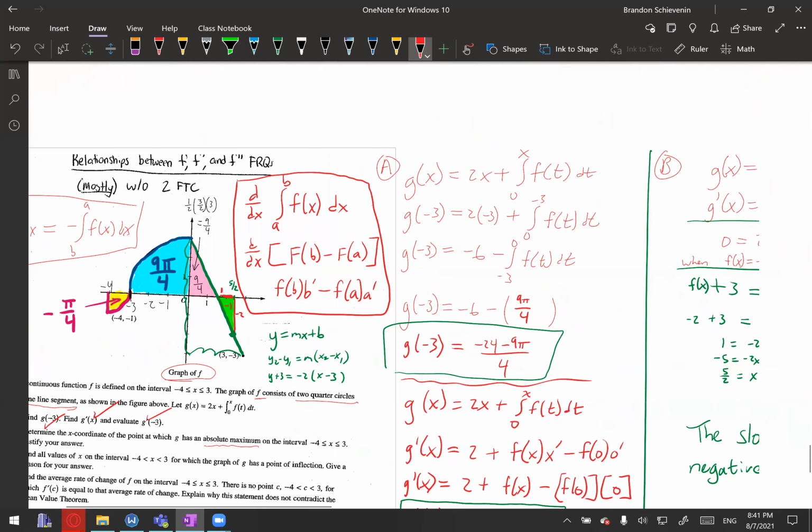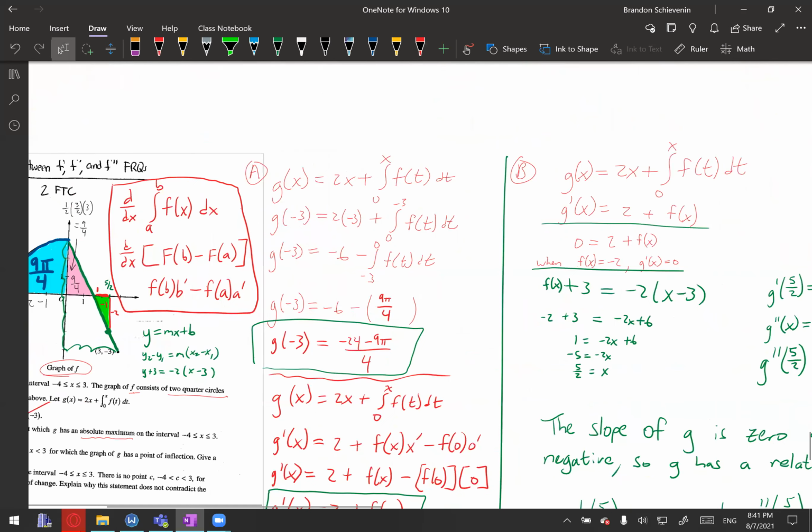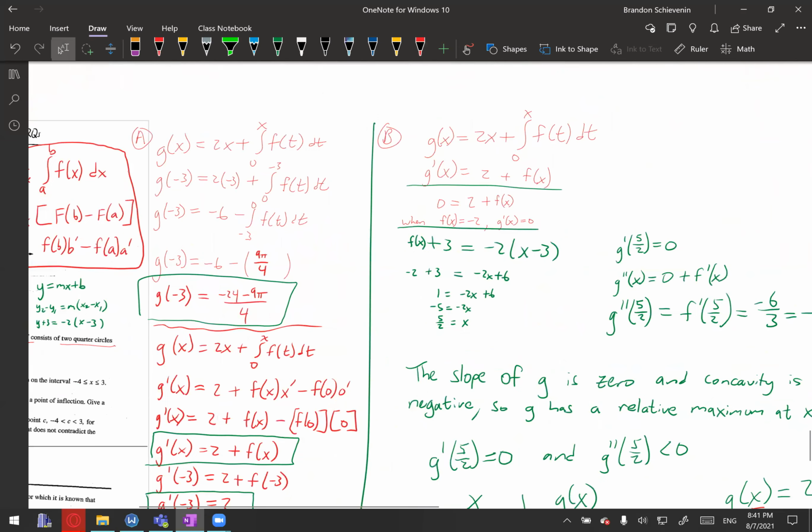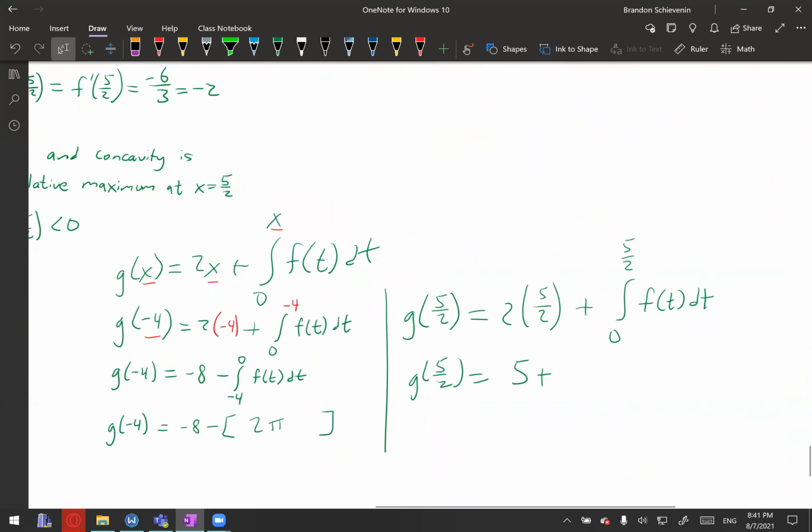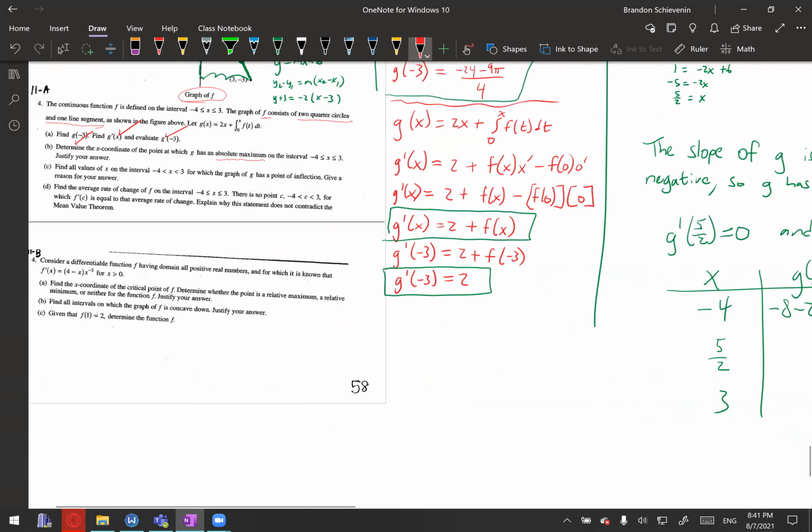So I needed the integral from 0 to 5/2. So I just need to add those together.